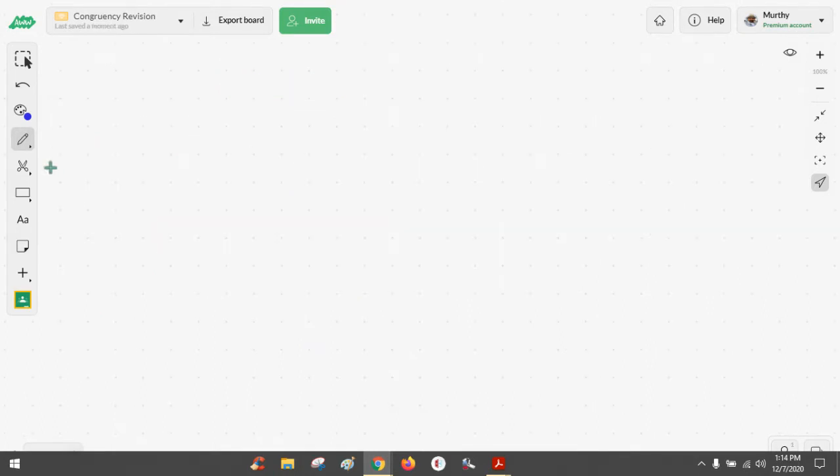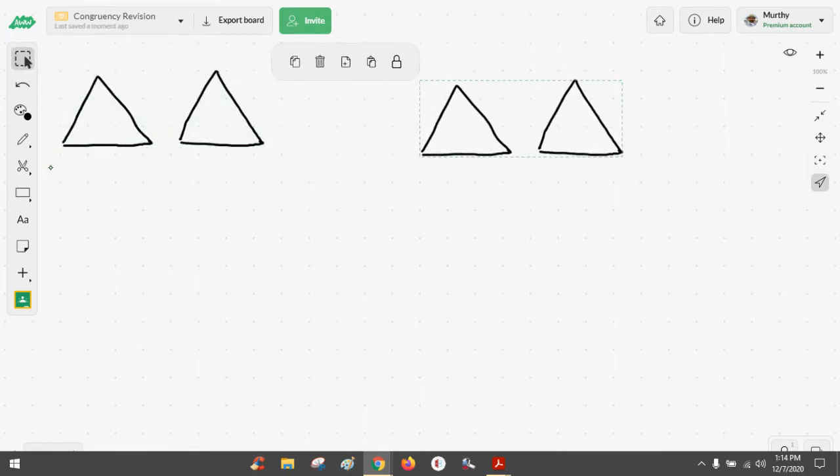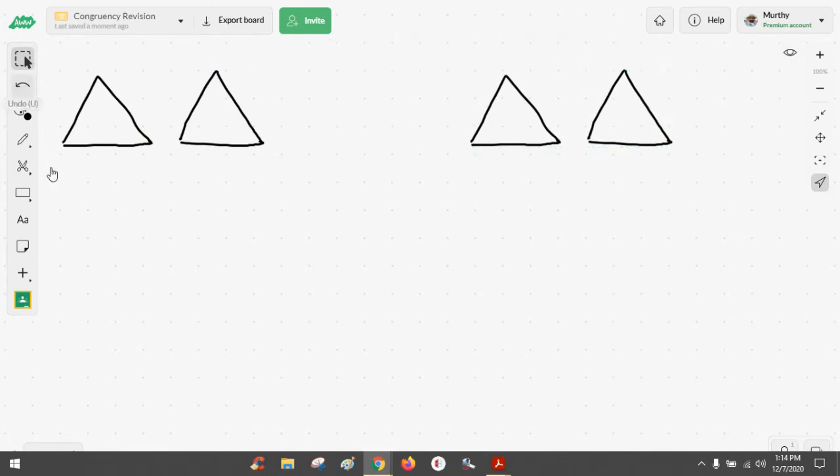Here, this time I'm taking again two triangles, those triangles. Okay, I'm going to give you two scenarios, so just let me copy paste this one again here. So let's say that this is triangle ABC and triangle PQR.